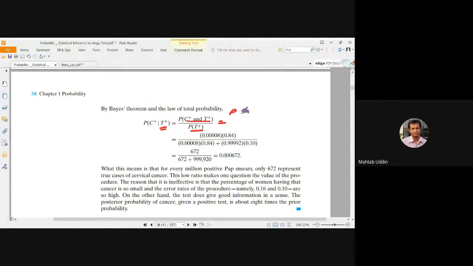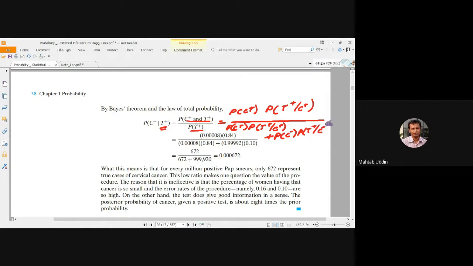That is P(C plus) times P(T plus under C plus), divided by P(C plus) times P(T plus under C plus), plus all sorts of things should be taken: P(C minus) times P(T plus under C minus).